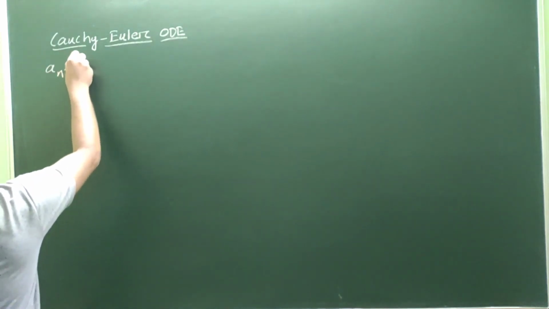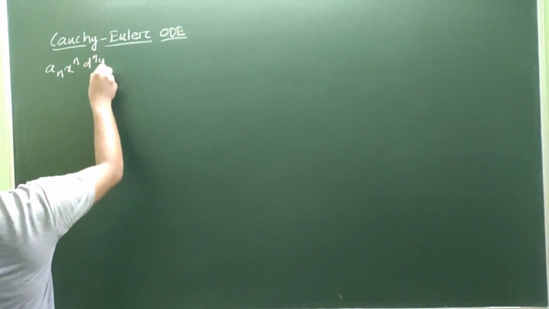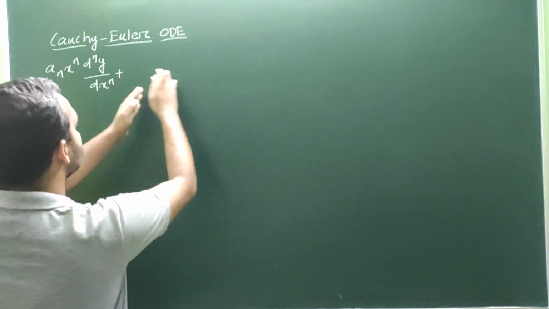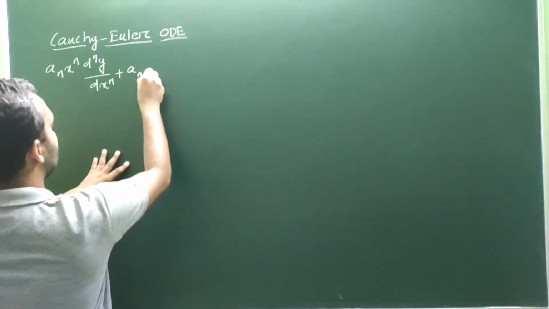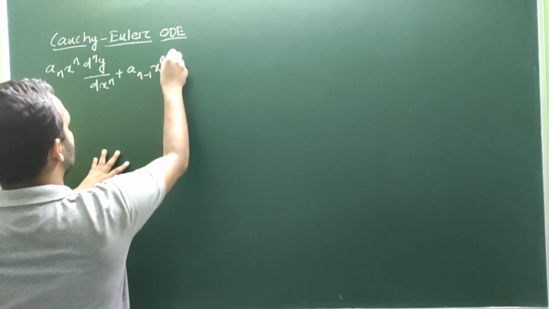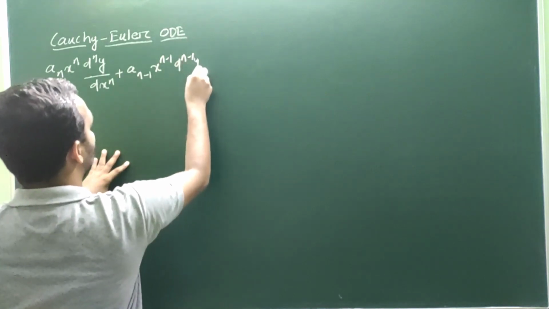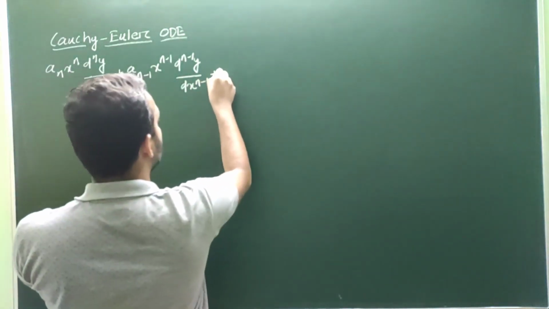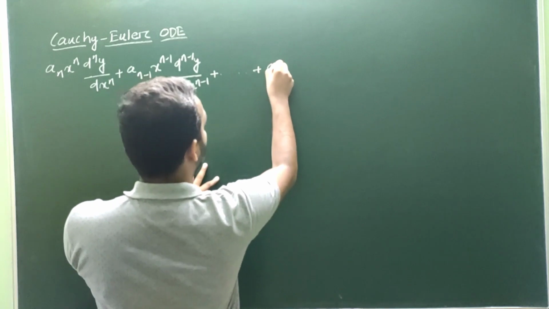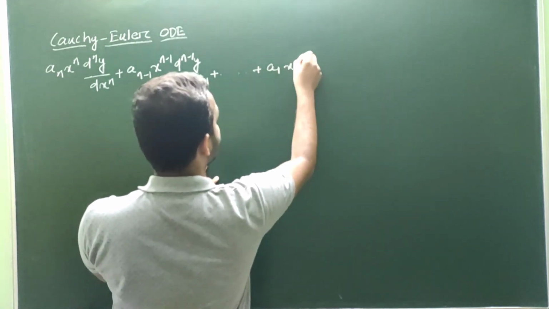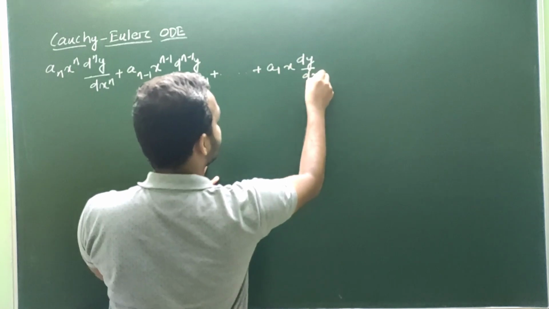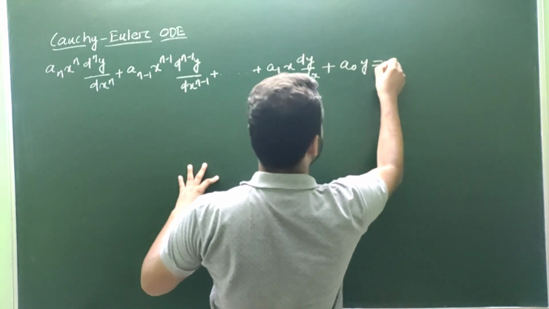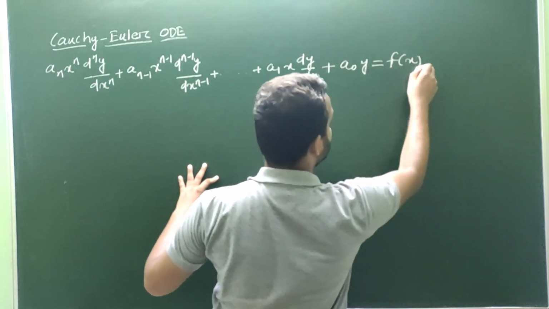a_n x^n d^n y/dx^n plus, this goes on decreasing, like a_(n-1) x^(n-1) d^(n-1) y/dx^(n-1), and so on, till a_1 x dy/dx plus a_0 y is equal to f(x), any function of x.